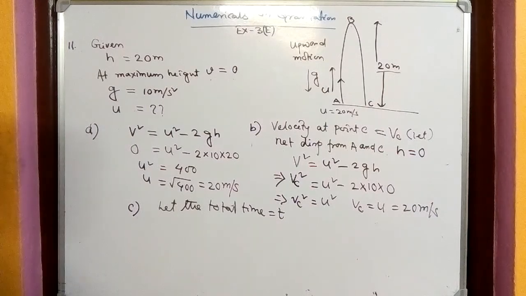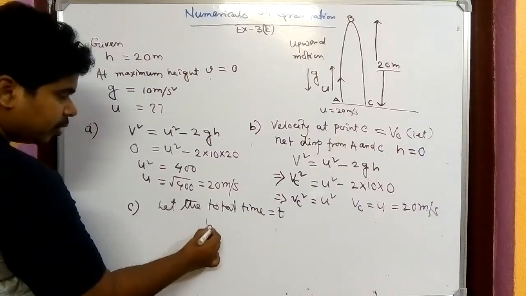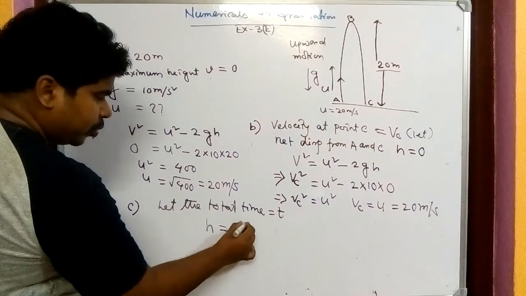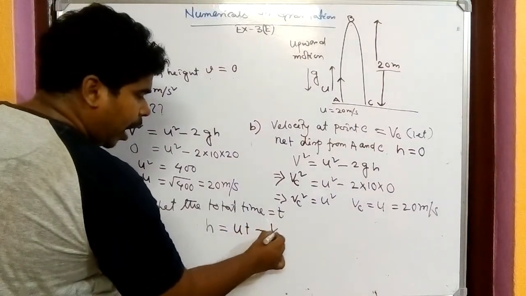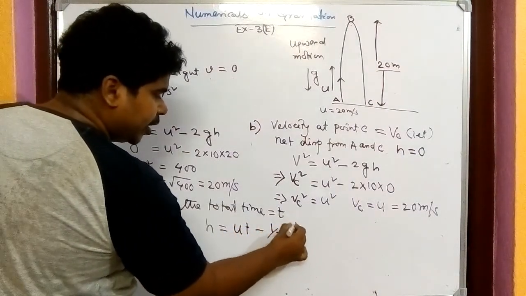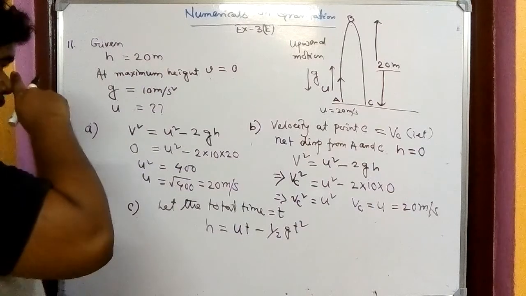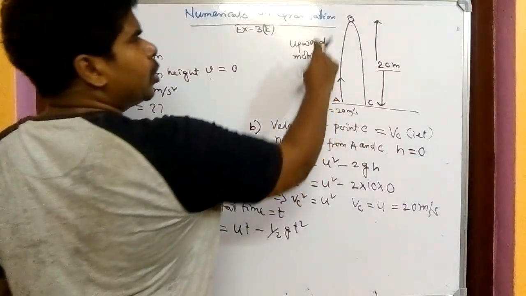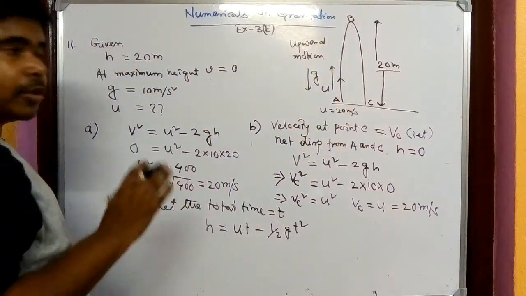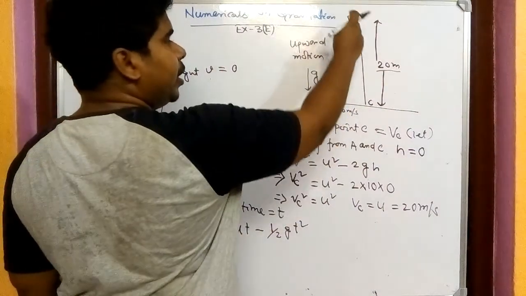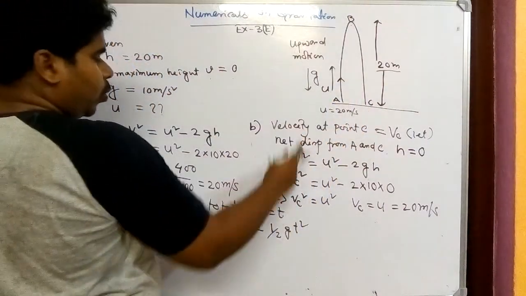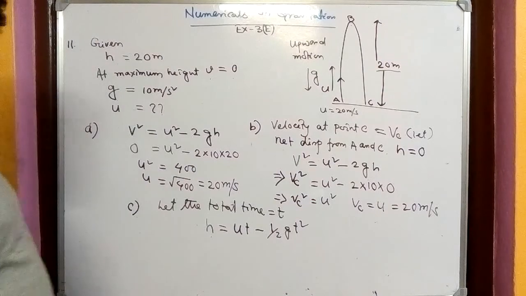So let's see which equation is comparatively easier. Better to use the easiest one, H equals ut minus half g t square. So here you see we have to find the total time, right? Total time means from A to B, then C. So here what is the total displacement H?